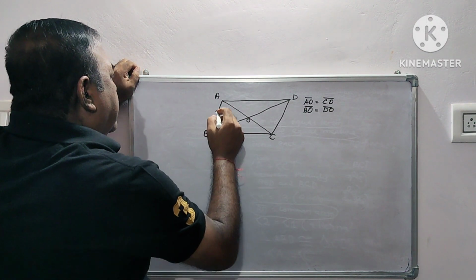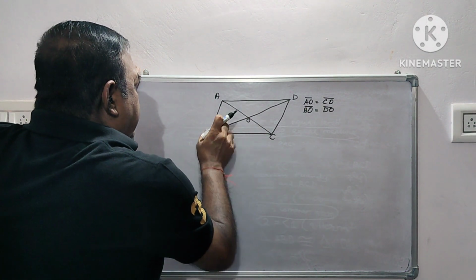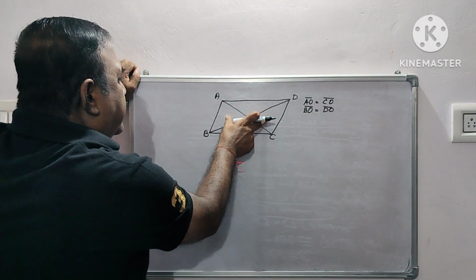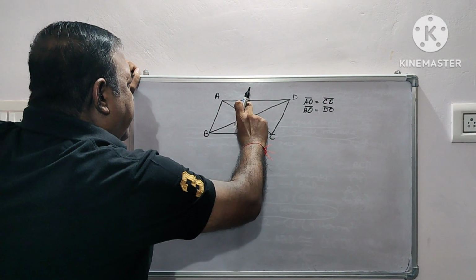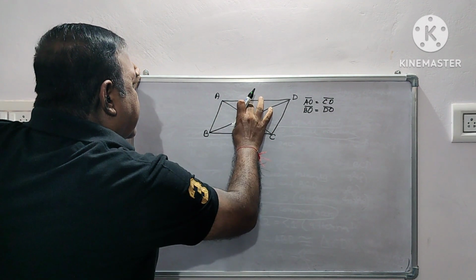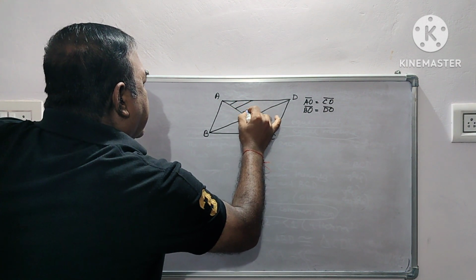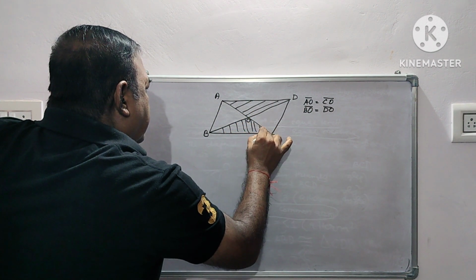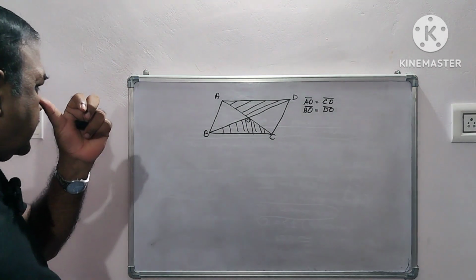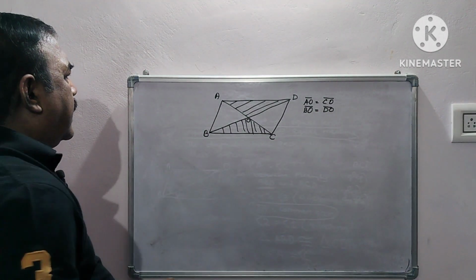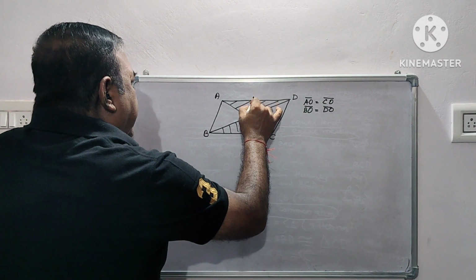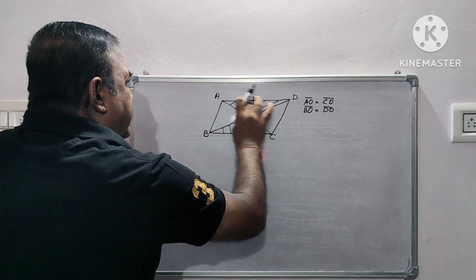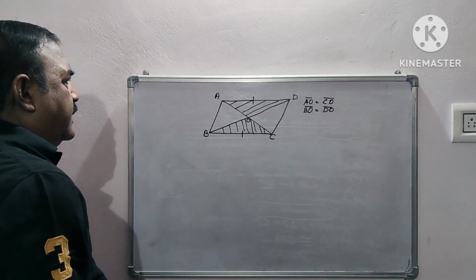So now we will have to consider, you see, either you take this triangle between these two triangles or these two triangles. It will be better for you from your base side to take this triangle and this triangle. Okay? Both are congruent or not, we will have to prove. Already we know that the length AD is equal to the length BC, like the length AB is equal to length DC.